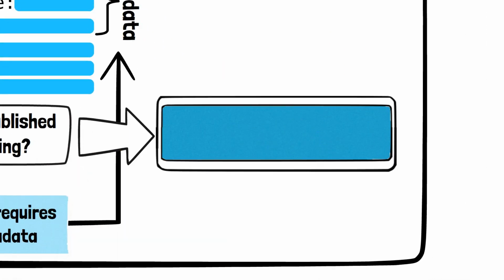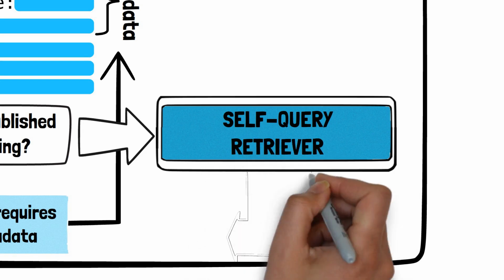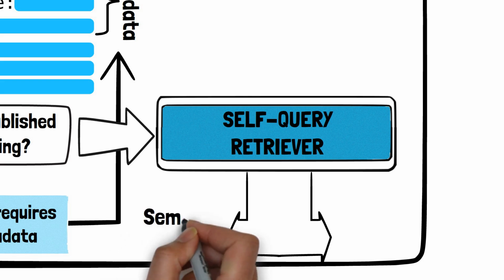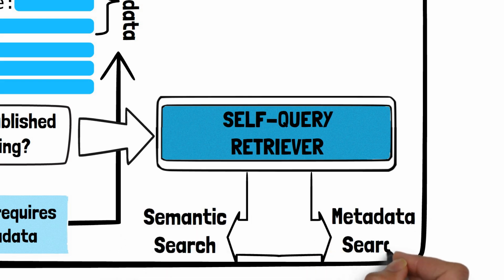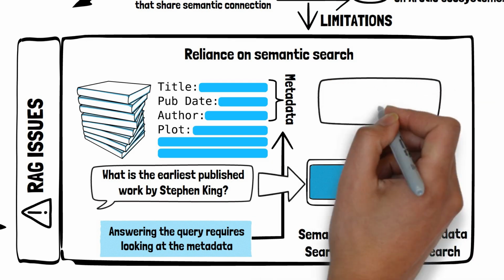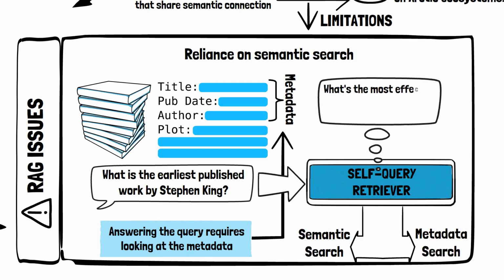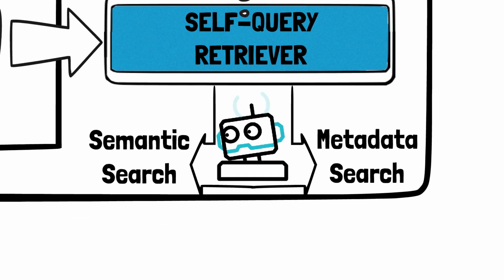Self-query in this context refers to the system's ability to recognize when it should pivot from relying solely on semantic search to directly querying its metadata. When a RAG system employs self-query, it essentially conducts an internal assessment to determine the most effective method for retrieving information. It analyzes the nature of the query and decides whether to proceed with a semantic search or to directly interrogate specific metadata fields.